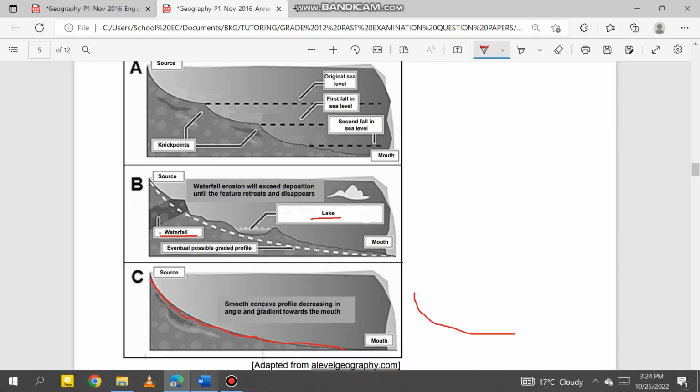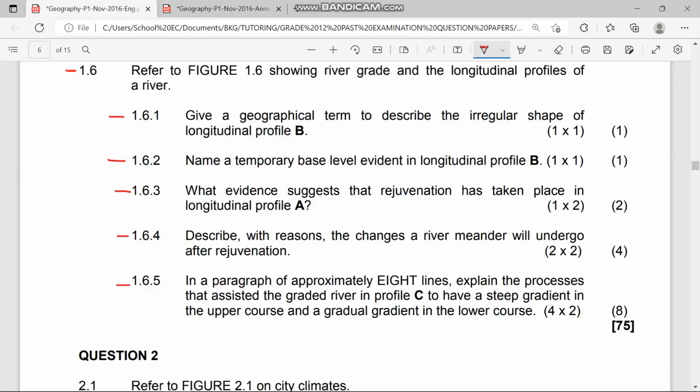So, explain the processes that assisted the graded river in profile C to have a steep gradient in the upper course and a gradual gradient in the lower course.